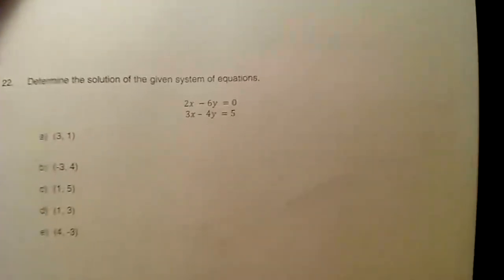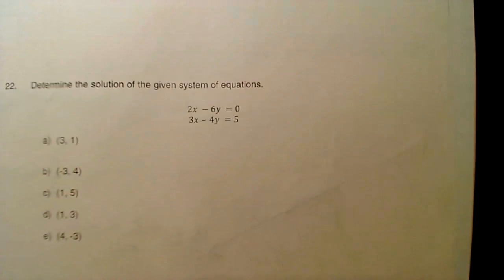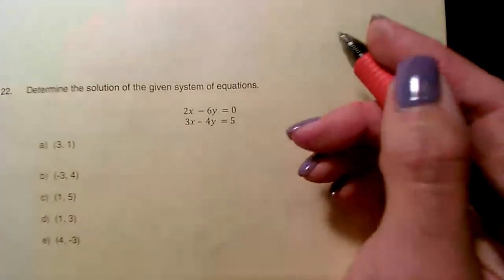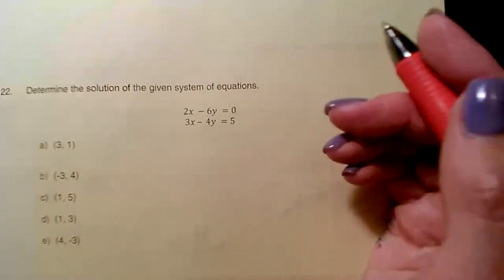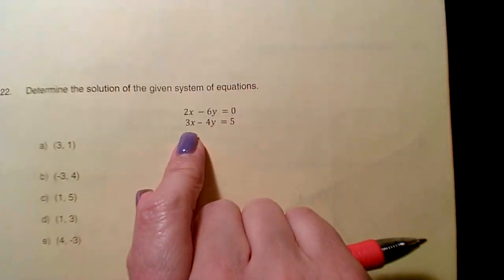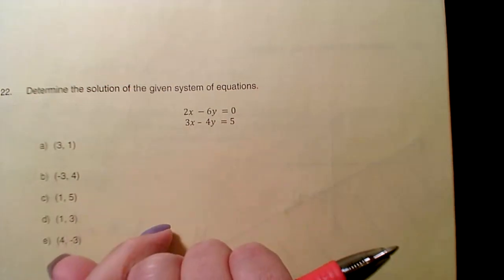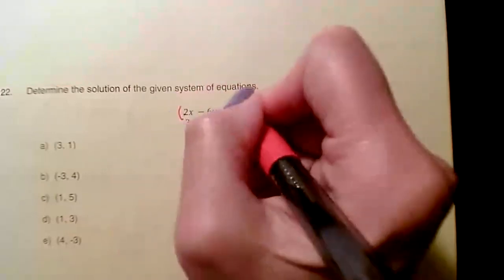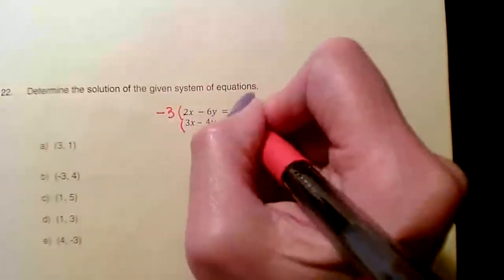Now, let's do this one, which is pretty much the same. So what can I do on this one? I'm going to do the elimination method, and I'm going to multiply the first one by -3 and the second one by 2.